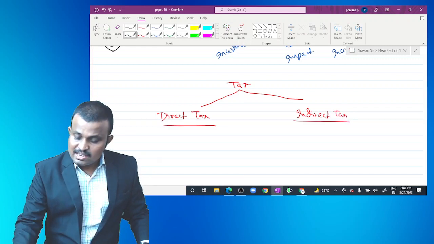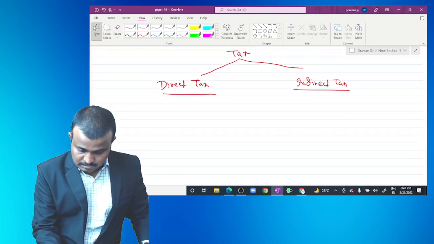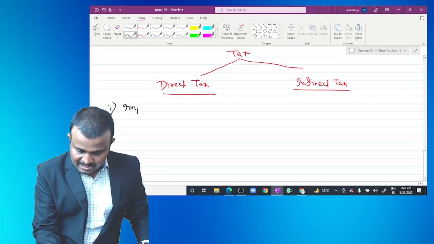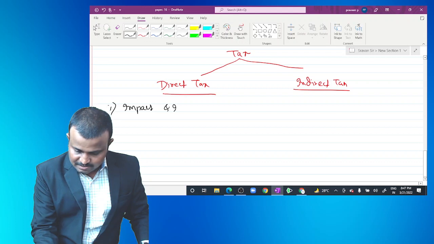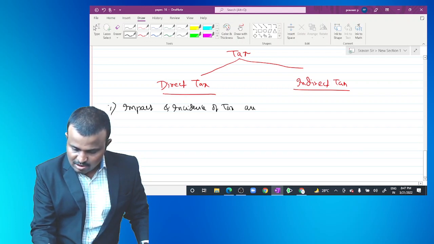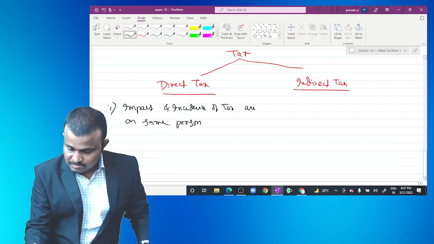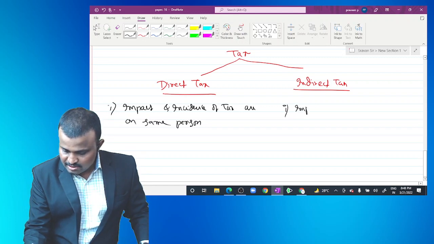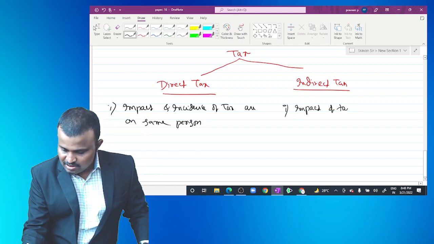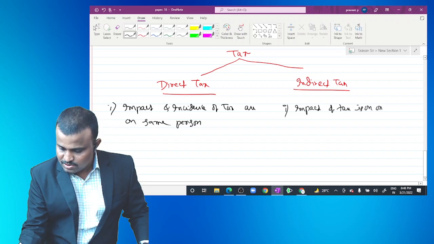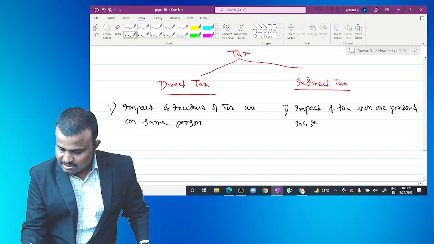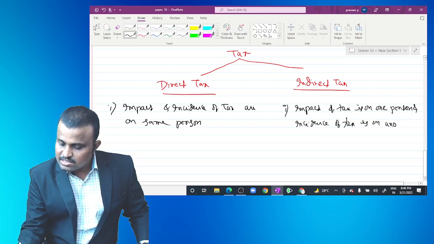Coming to the direct tax, here impact and incidence of the tax are on the same person. Here impact of the tax is on one person and incidence of the tax is on another person.